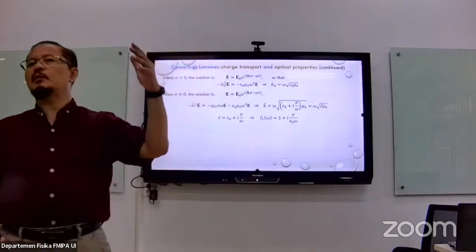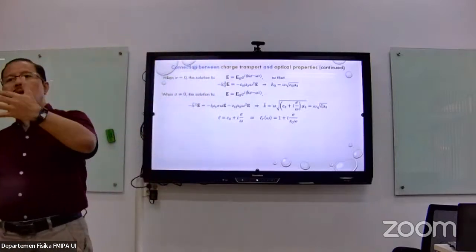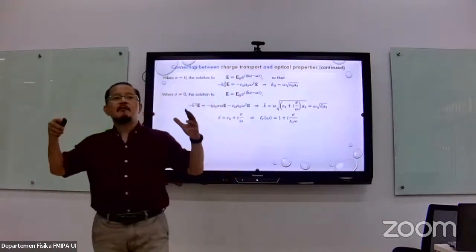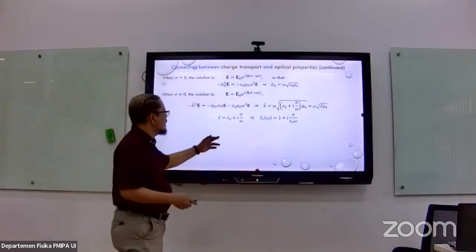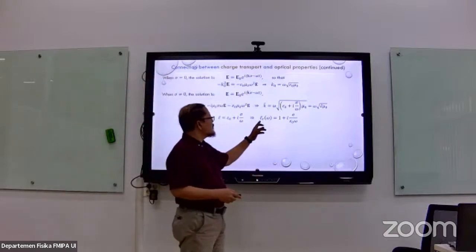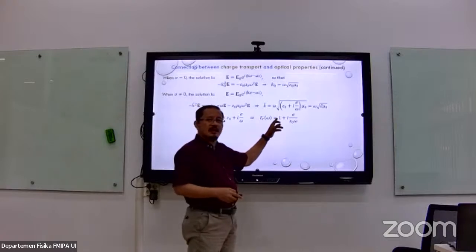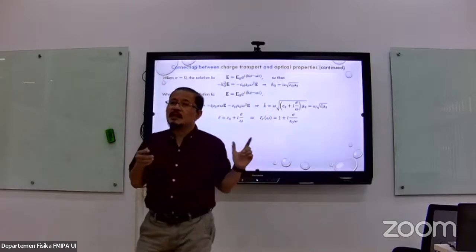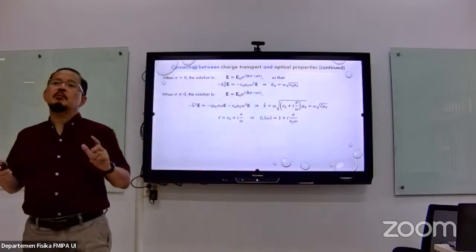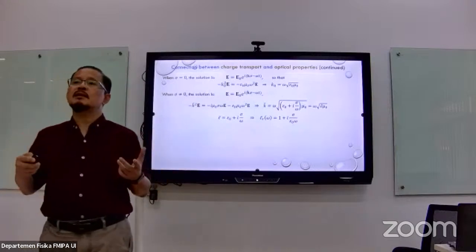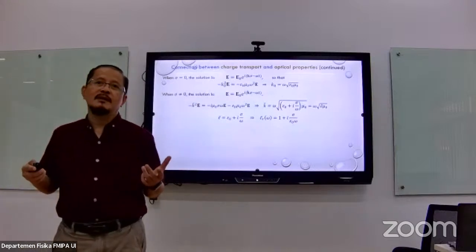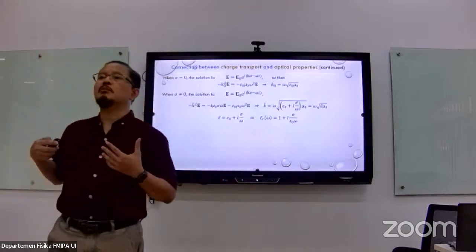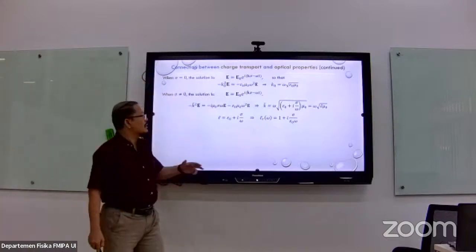We have learned before that both epsilon 1 and epsilon 2, both the real part and the imaginary part, actually have frequency dependence, right? So if I conclude from here that epsilon 1 is just a constant of unity, that's not correct, right? So what makes it not correct? What makes it incorrect was the assumption that sigma was real. So we have to change our assumption that sigma now has to be a complex number too. Okay?